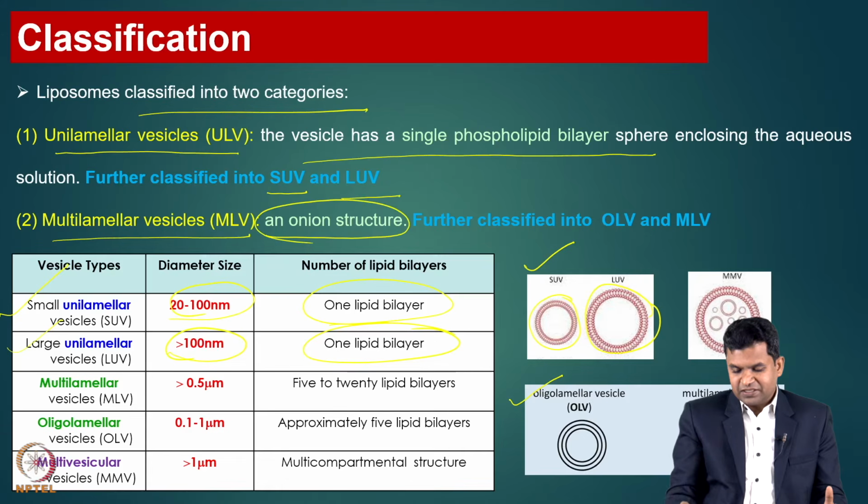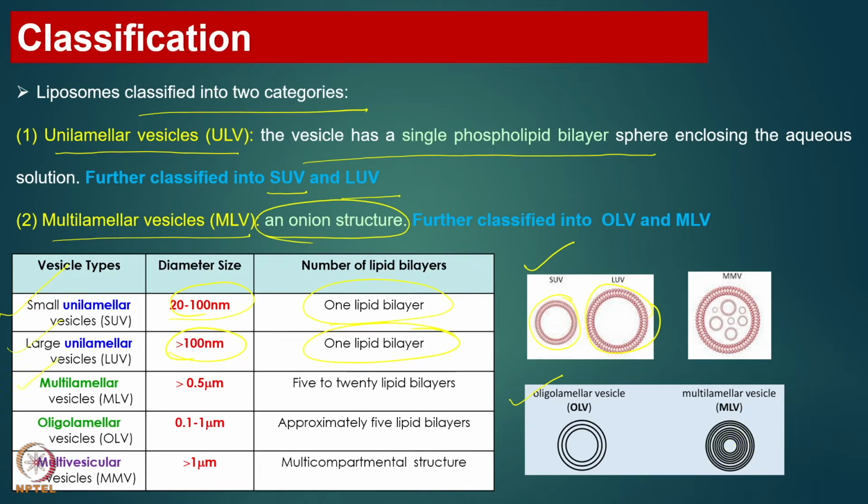Now, you can see there are several layers in these vesicles, and on the right side you can also see the number of layers increasing. In the multilamellar we have 5 to 20 lipid bilayers, whereas in oligolamellar you will see very few layers, about 5 bilayers.